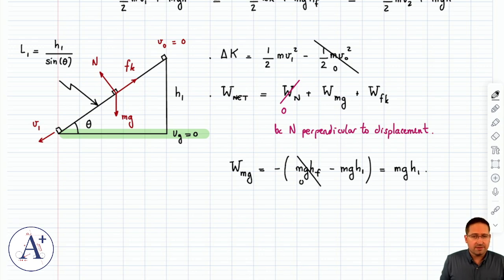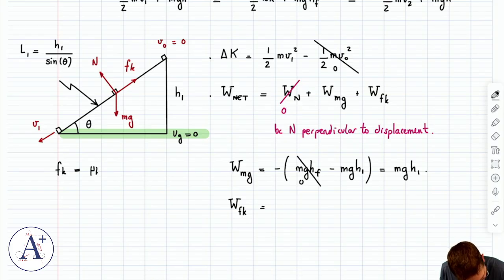What about Fk? That becomes interesting. Fk is always equal to mu k n, meaning that it has a constant magnitude. It also has a constant direction because it always points up the incline, opposite the direction in which I'm sliding.